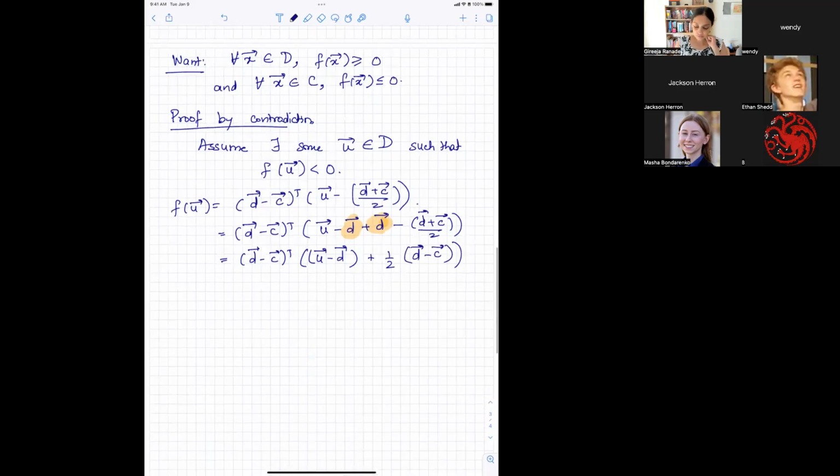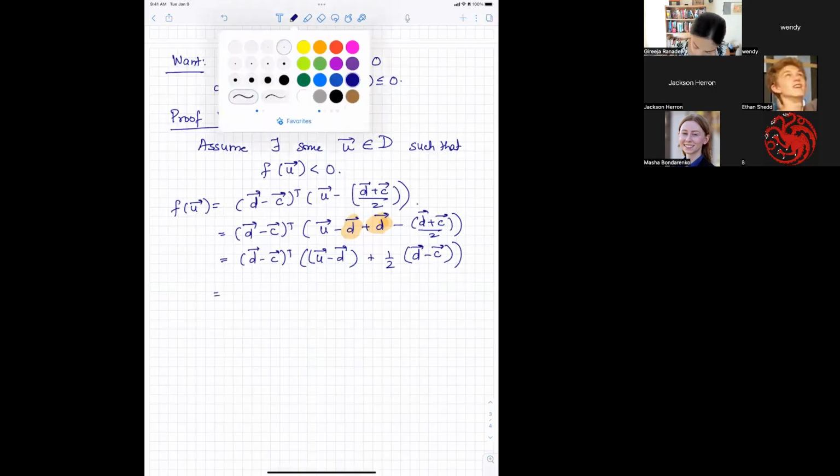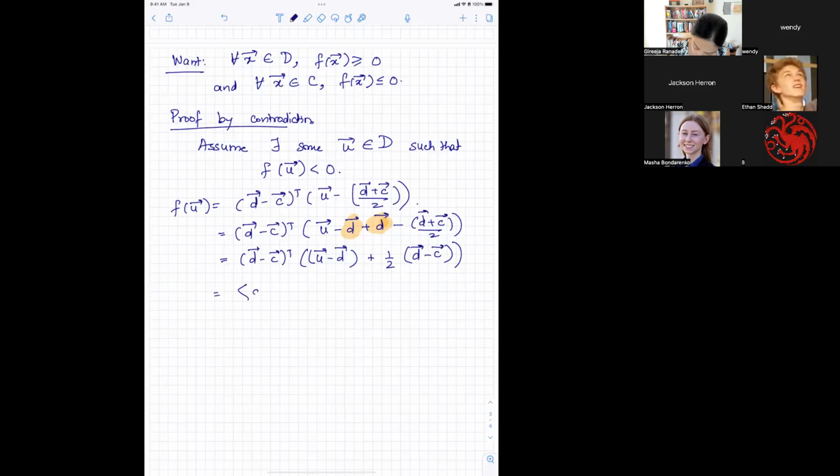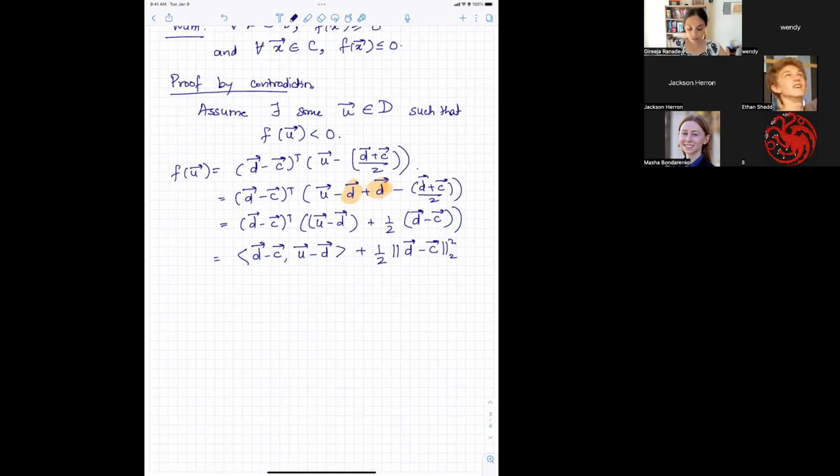And this further, I can now write as the inner product between D minus C and u minus D plus 1/2 of norm squared D minus C. Right?